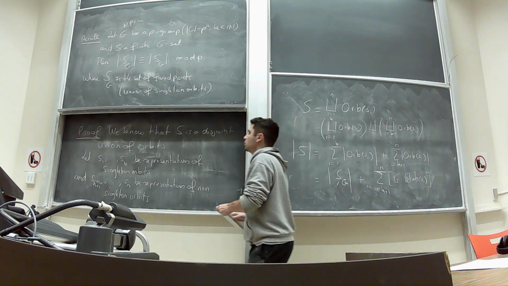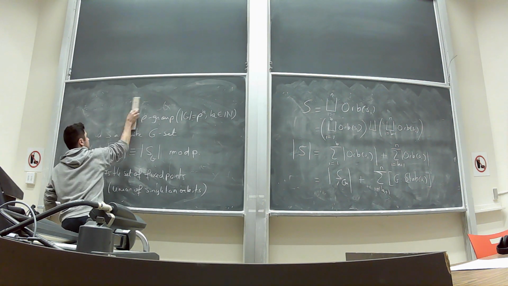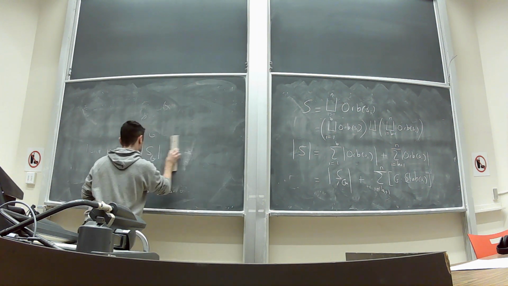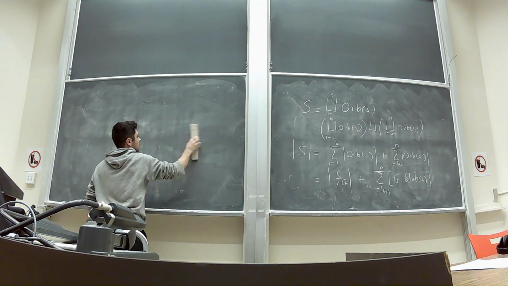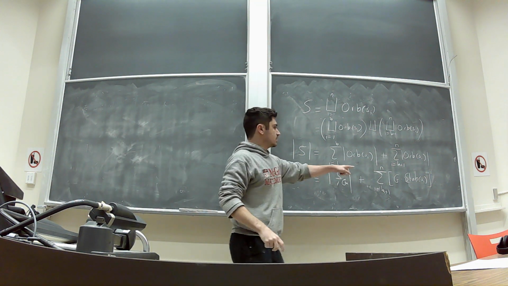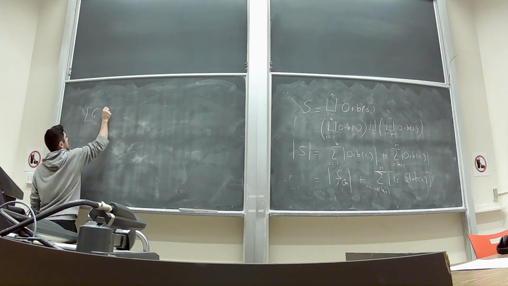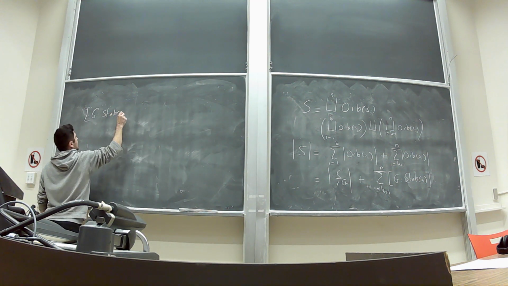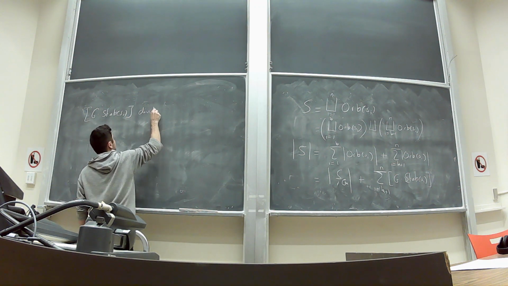Okay, so now what do I do? What do I know? The index of stab S_i divides the size of G.